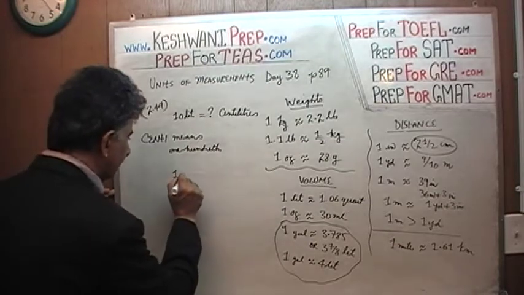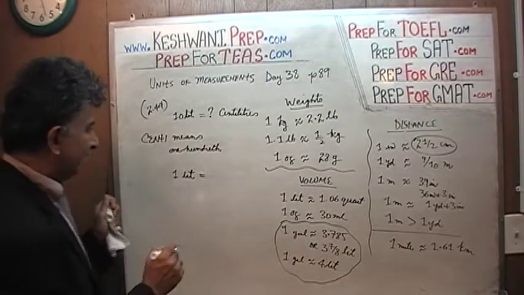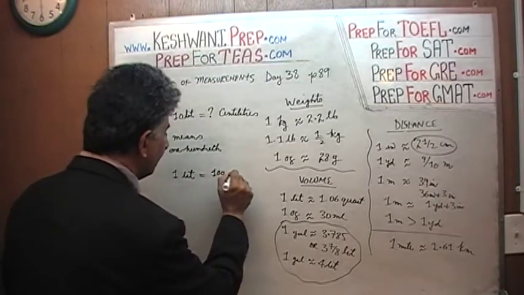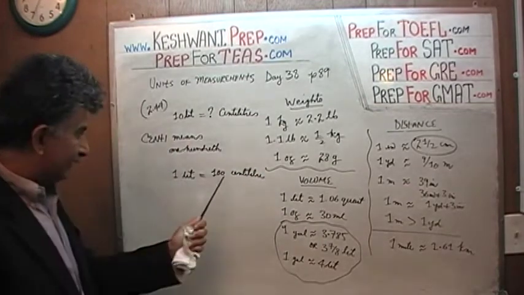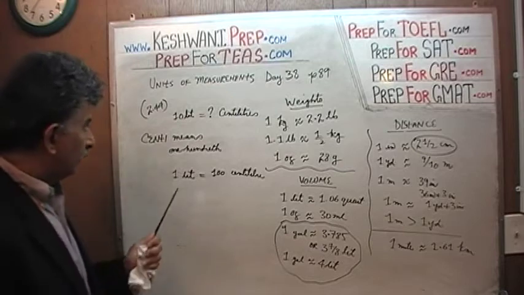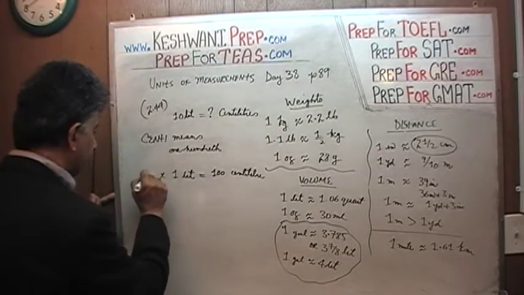Well, 1 liter, because centi means 1/100th of something, 1 liter would be 100 centiliters. That's what centi means. We're looking for 10 liters, not 1 liter but 10 liters. So multiply both sides by 10.